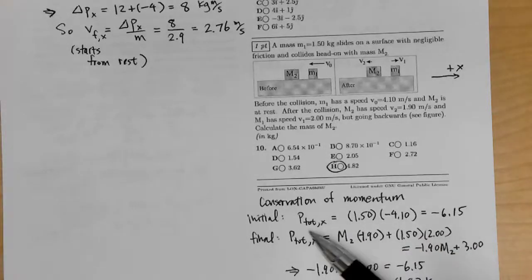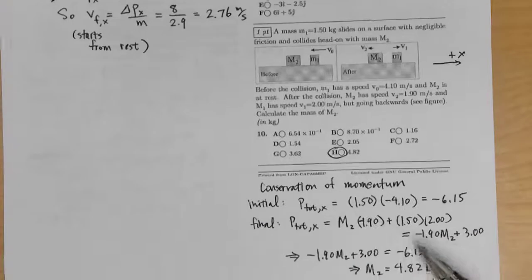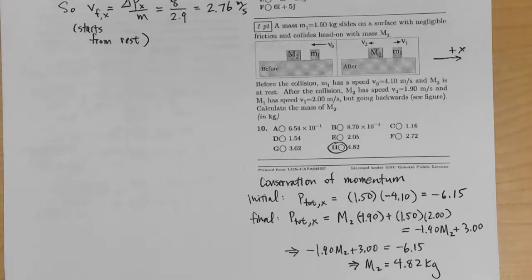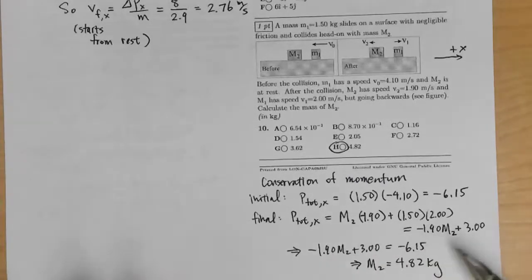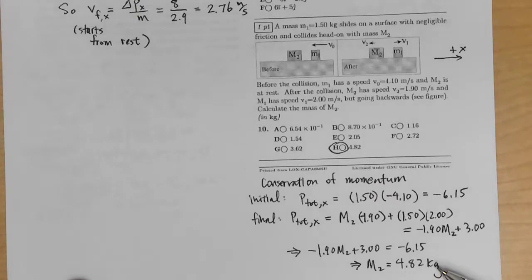So we know everything here, and we can solve for M2. We have negative 1.90 times M2 plus 3.00 is equal to negative 6.15, and so we get that M2 is equal to 4.82 kilograms.